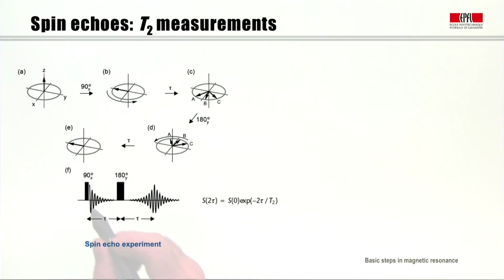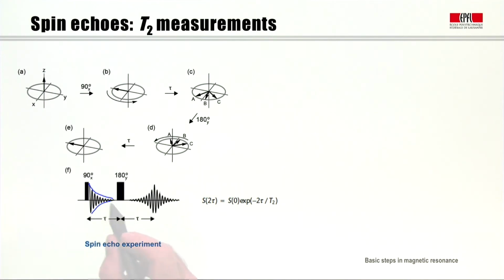And the idea here is that instead of doing inversion recovery, a 180 first and then a 90, here we start with a 90 in order to generate transverse magnetization, and we then apply a 180. Now remember that the signal has decayed here, partly because of its natural true transverse relaxation time T2, but partly also because there is a distribution of resonance frequencies due to the inhomogeneity of the magnetic field.